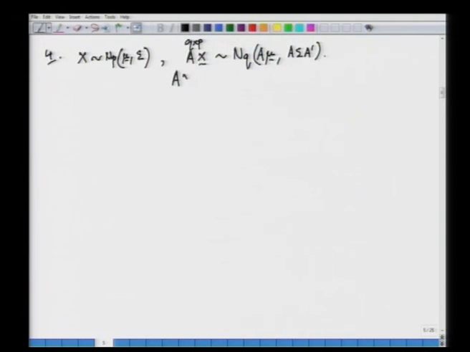Further, with A a rectangular matrix, in Ax I can also add a vector which is a q-dimensional vector.